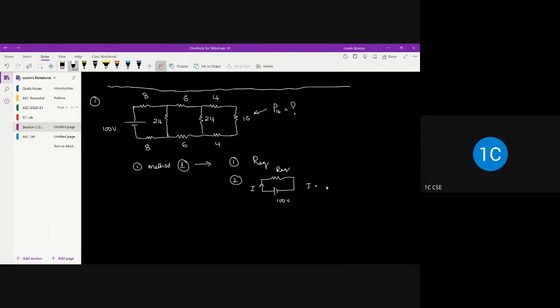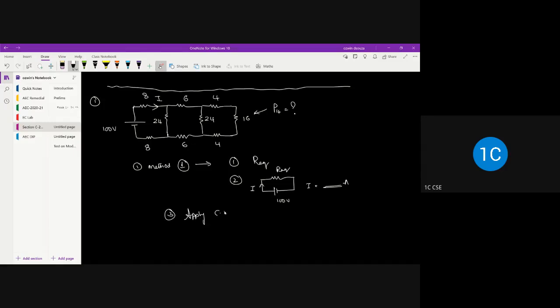So you'll get some current here. Having known that particular current, you will come to know about this current using the series parallel reduction. Now you can think of applying the current division rule.